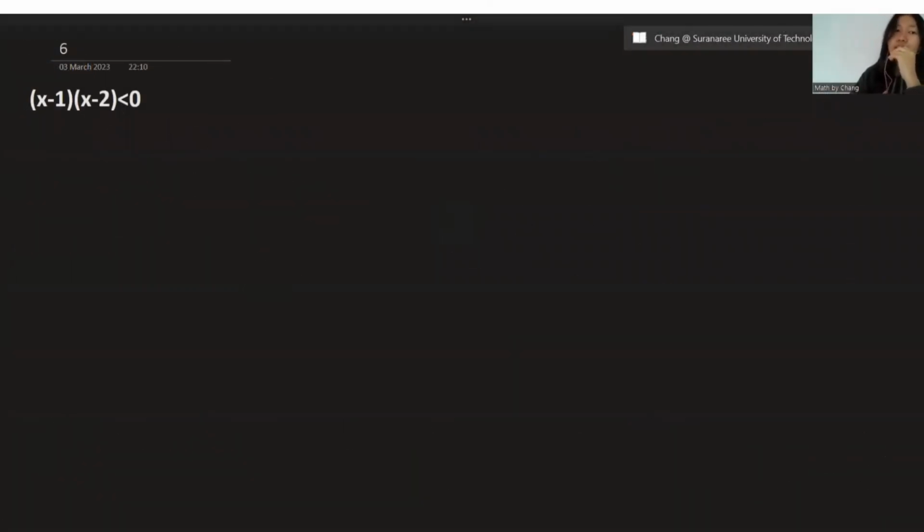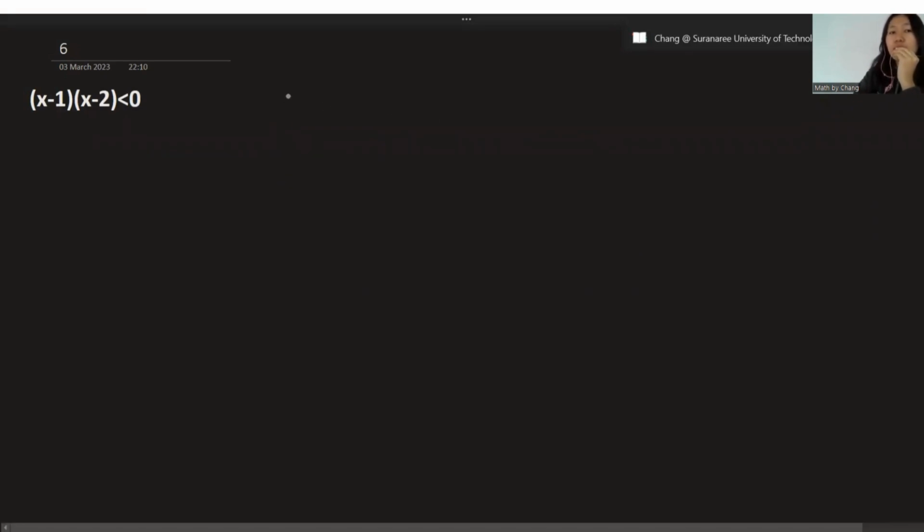All right, so we're going to do the second example. Here, x minus 1, x minus 2 less than 0. Okay, so we don't even need to factorize here. They have already given us a pair that is factorized. So what we need to do is find the values of x first, by considering the inequality sign as equality.